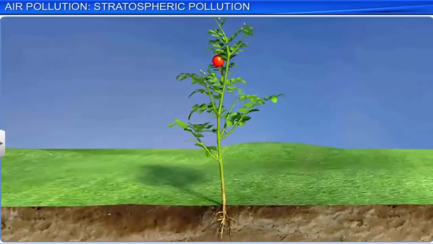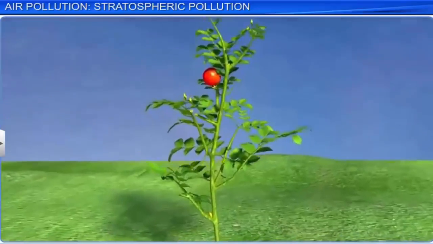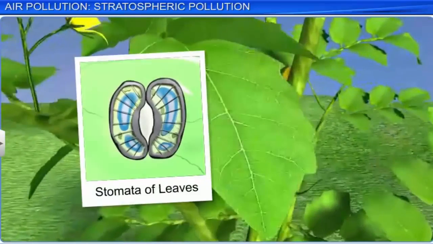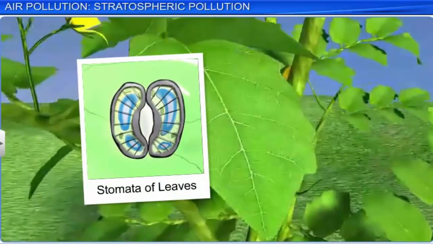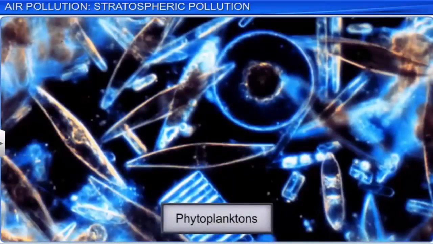In plants, UV radiation causes mutation of cells by affecting plant proteins, increases the evaporation of surface water through the stomata of the leaves, and kills phytoplanktons.